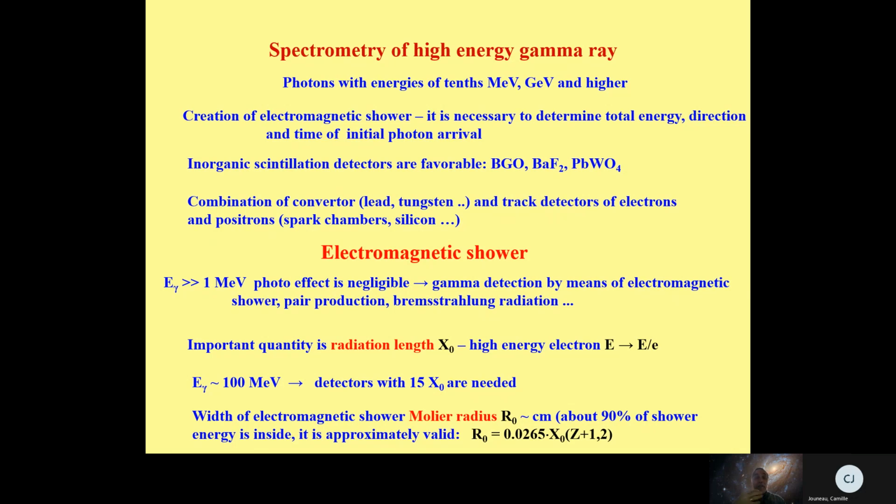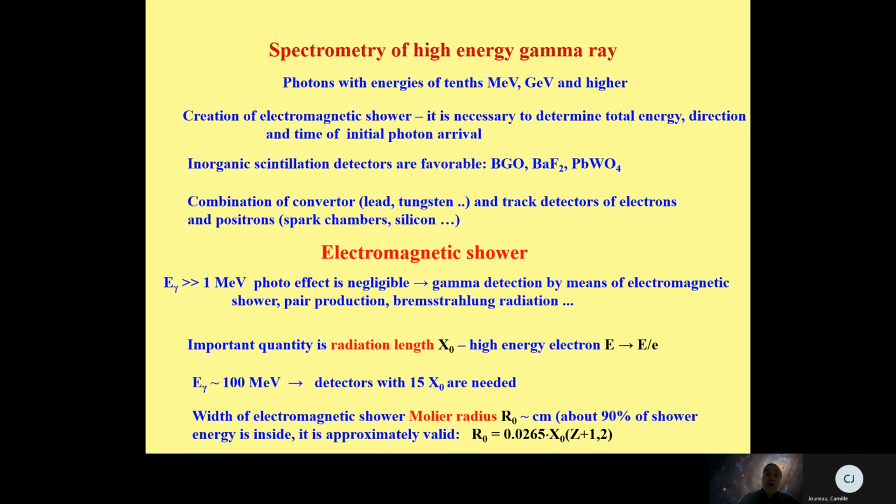That means you will have production of new and new photons, positrons, and electrons, and you will obtain something named an electromagnetic shower. What we need is to obtain the total energy, direction and time of the initial photon from the properties of this electromagnetic shower.